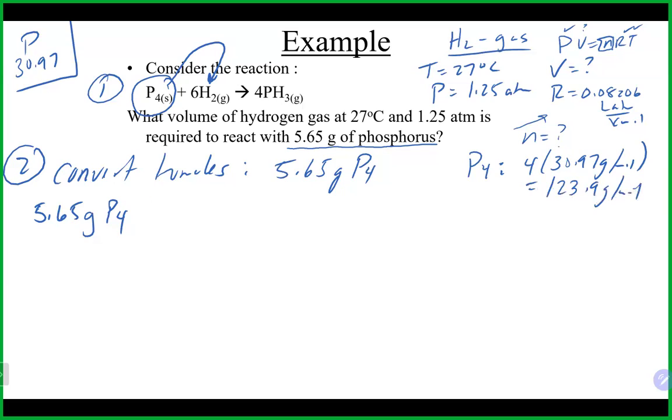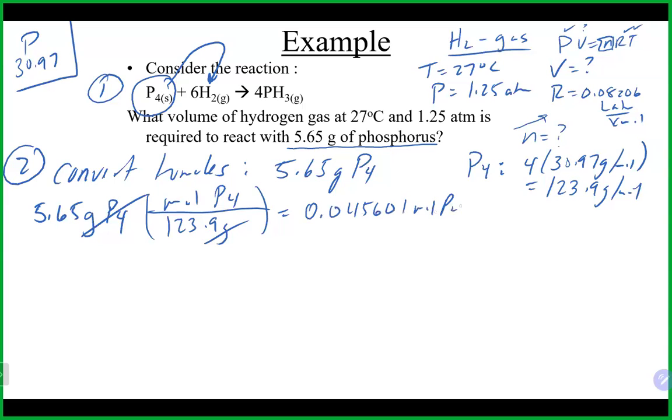And that was our conversion factor, 123.9 grams per mole of phosphorus. The grams of phosphorus are going to cancel out. And if you get an answer at this point, 5.65 divided by 123.9, going to get us 0.04560. And that is moles of phosphorus.